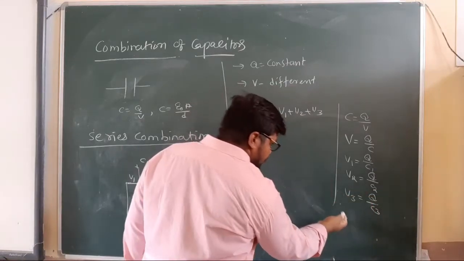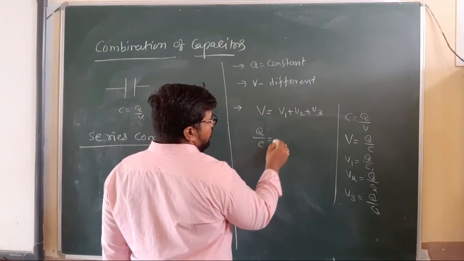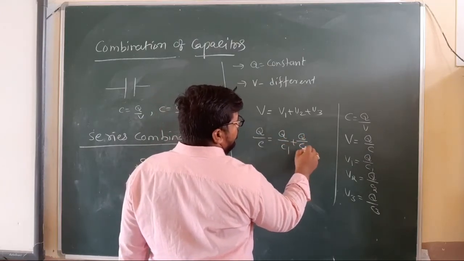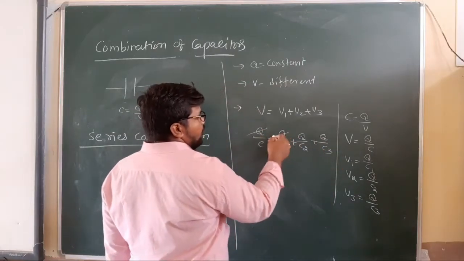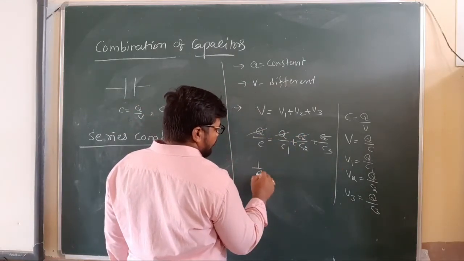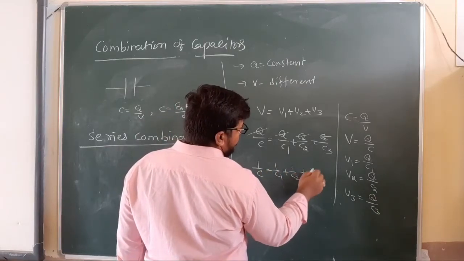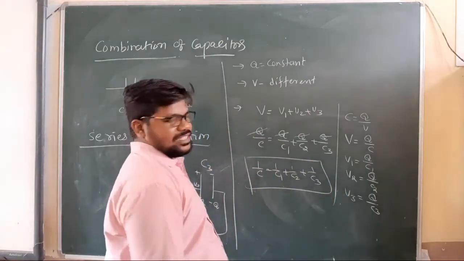We substitute these values here: Q by C equals Q by C1, Q by C2, Q by C3, summed. So Q gets cancelled. 1 by C is equal to 1 by C1 plus 1 by C2 plus 1 by C3. This is the final expression.